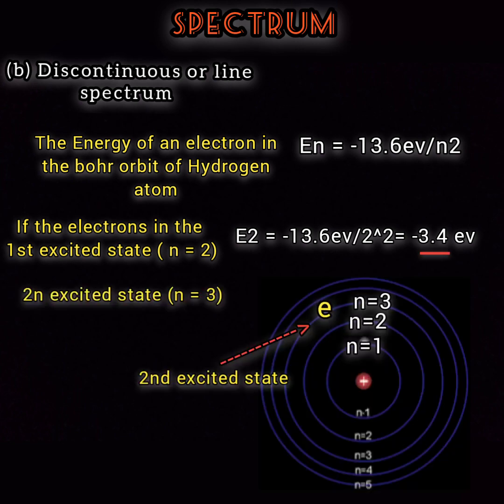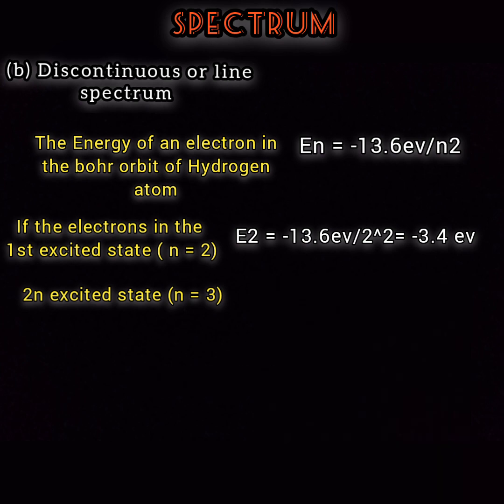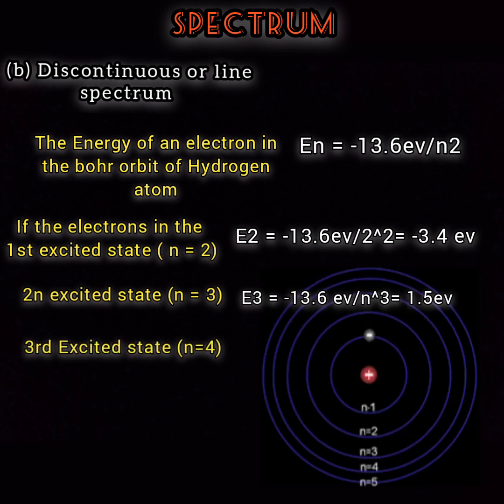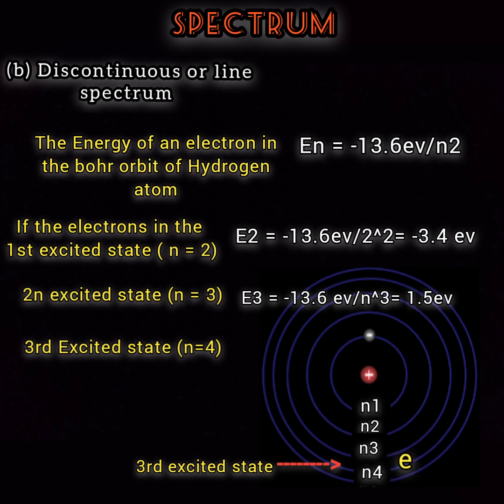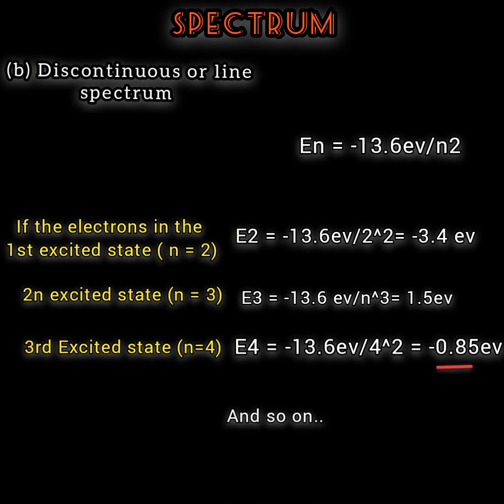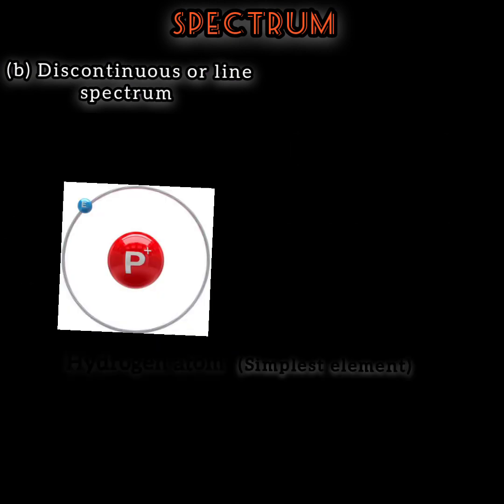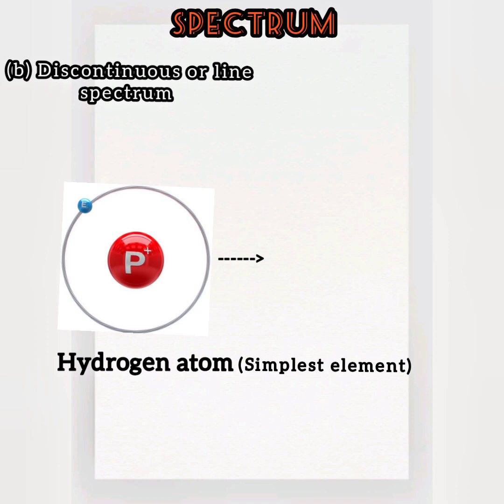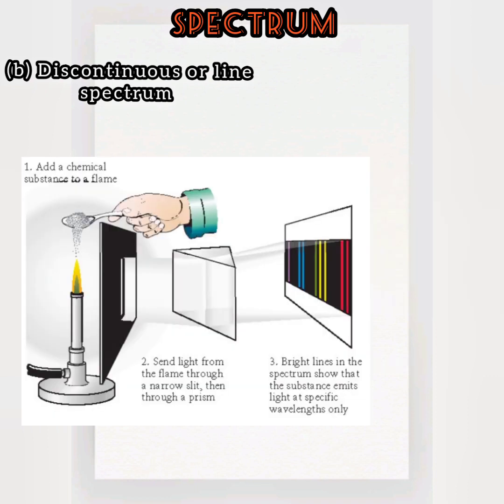If the electron is in the second excited state, n equal to 3, then the value is minus 1.5 electron volt. If the electron is in the third excited state, n equal to 4, the value is minus 0.85 electron volt. The hydrogen atom forms the simplest spectral series of lines.